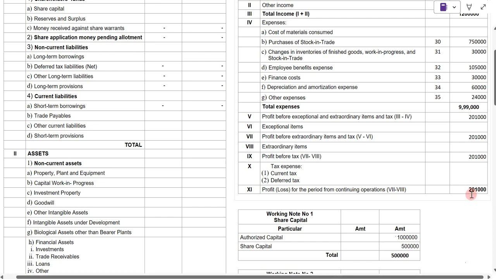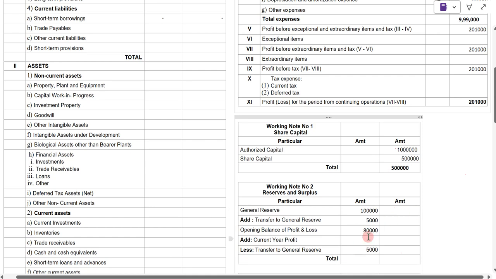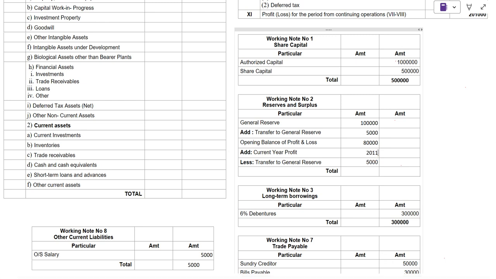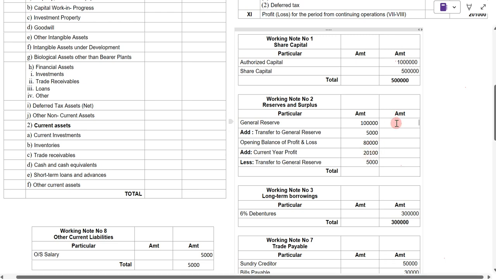Now this 2,01,000 we have to write in note number 2, that is reserves and surplus. Add this profit to the last year profit, that is 80,000. So add journal reserves 1,05,000.